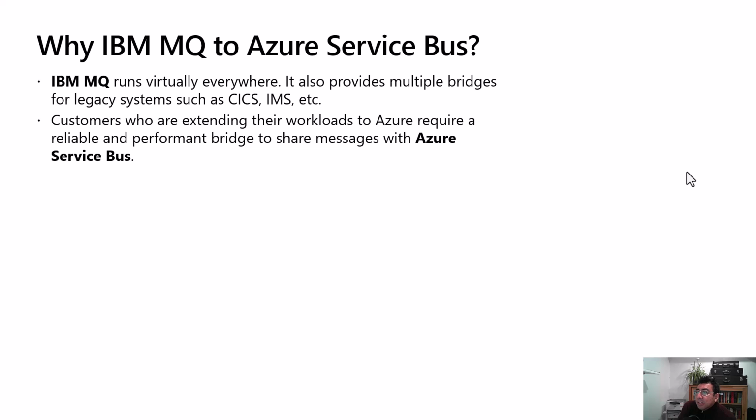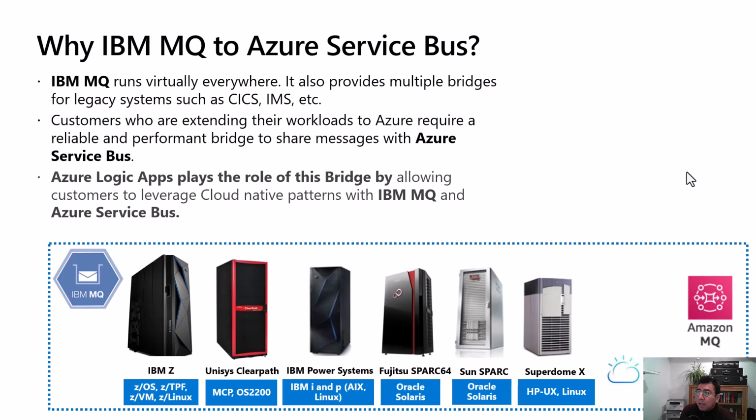Customers who are extending their workloads to Azure require a reliable and performant bridge to share messages with Azure Service Bus. This is part of what we call modernization, right? Application modernization. I work a lot on the mainframe and mid-range modernization space, so I can tell you that MQ is everywhere.